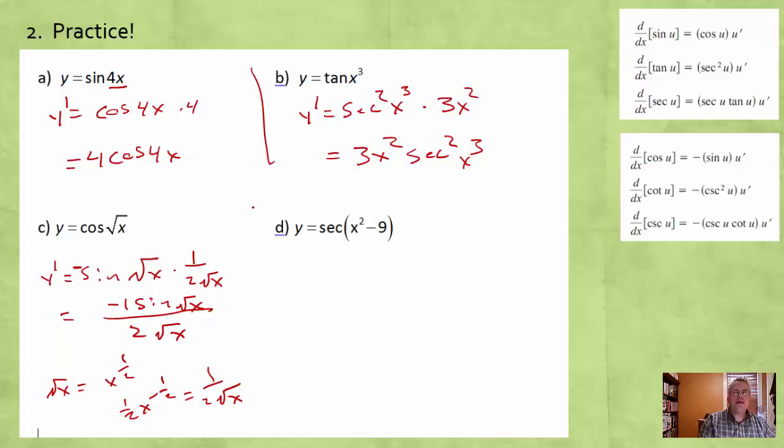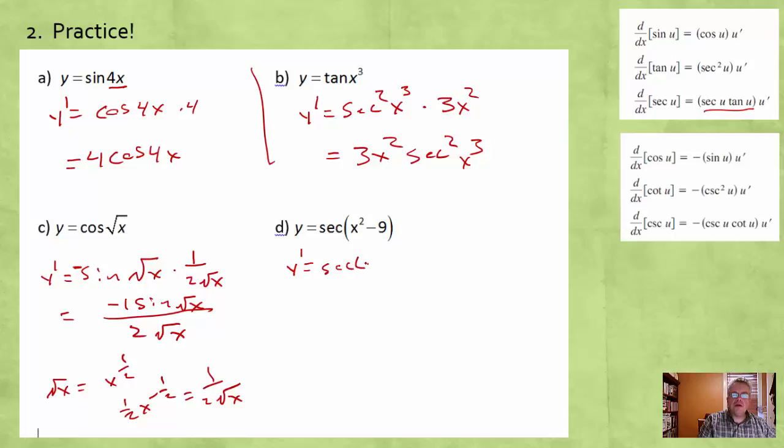Okay, last one. Secant squared x squared minus 9. The derivative of secant is, where is it? Secant of u times tangent of u. So this y prime would equal the derivative of secant evaluated at u.